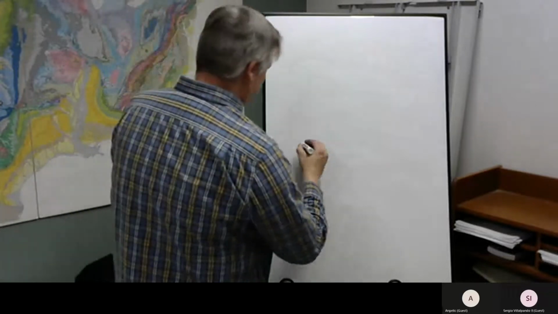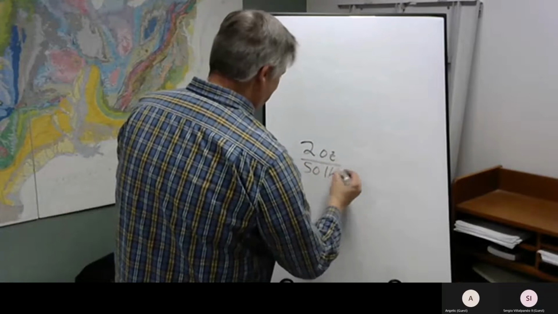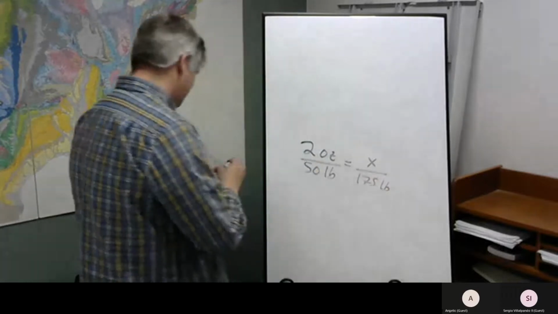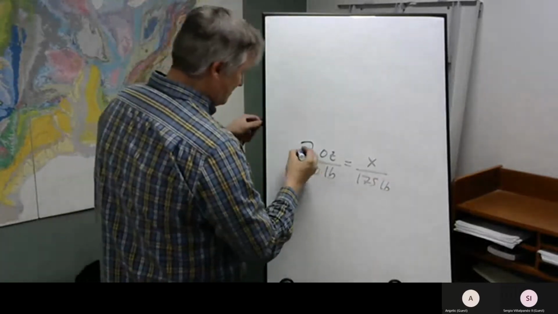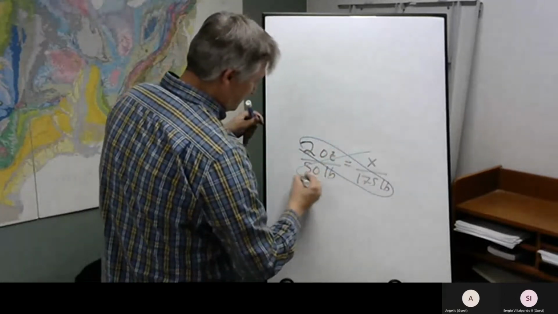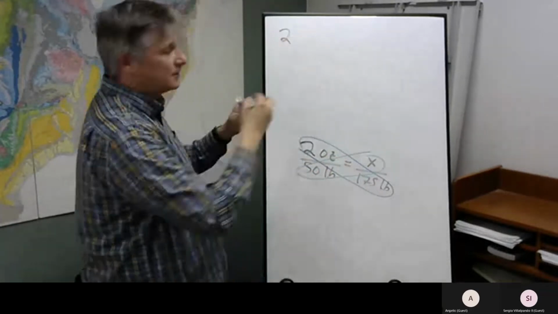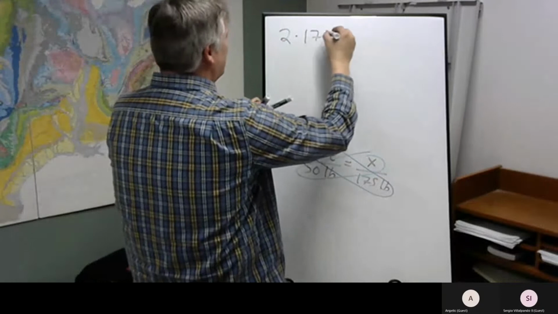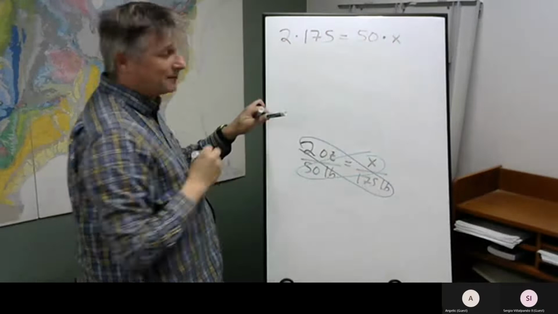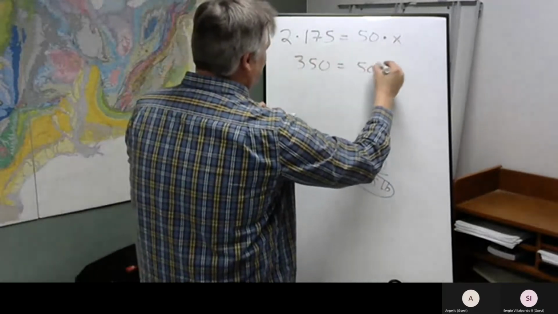So let me do that again. We have 2 ounces for 50 pounds. We have X, 175 pounds. So we're going to get 2, I'll leave the units off, times 175 equals 50 times X. This is 350, 50x.